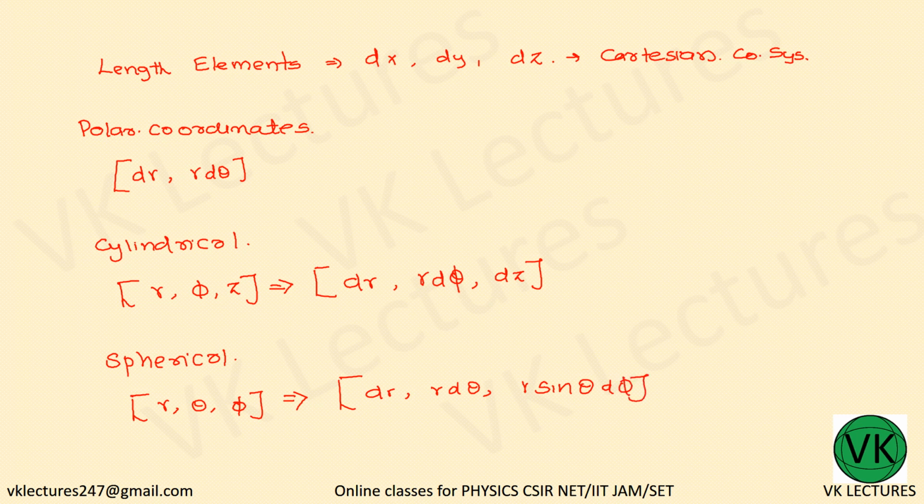You can also remember the metric elements. For the Cartesian coordinate system, this is 1, 1 and 1.